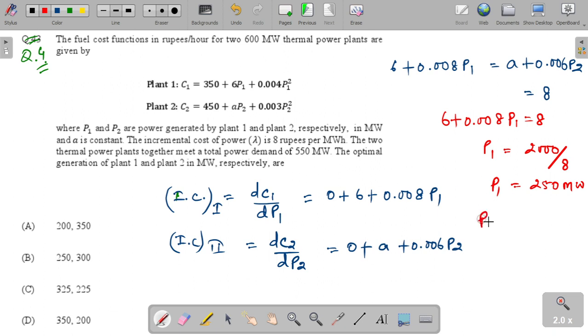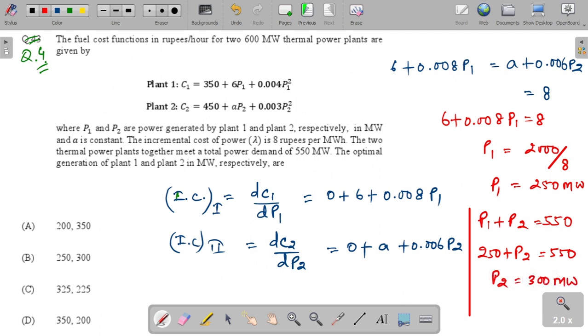So P1 plus P2 must be equal to 550. So we have P1 is 250, so P2 will become 300 megawatt, and P1 is 250 megawatt.